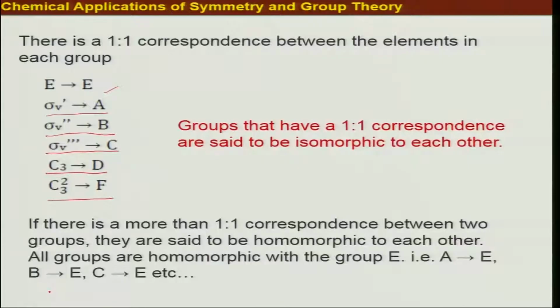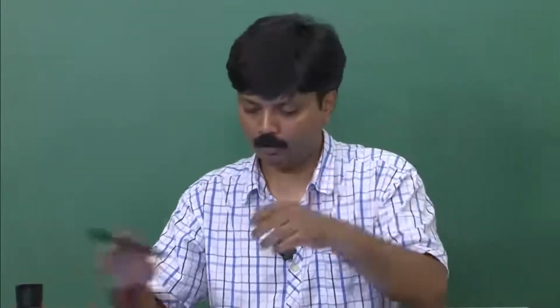All groups are homomorphic with the group E, which is not surprising, since any element, like A or B or C, has a corresponding correspondence with the identity element for that particular group.